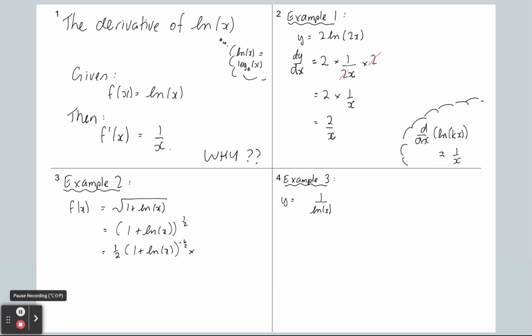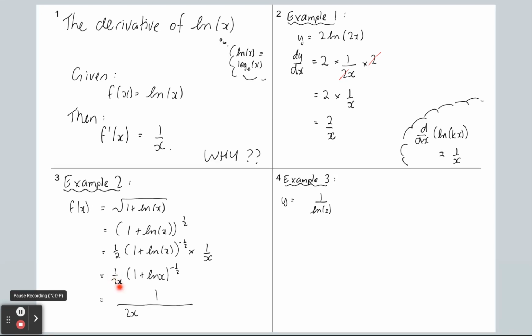The derivative of 1 plus ln x is, well, the 1 disappears, ln x becomes 1 on x, and so it becomes 1 on x here. Now I'm going to take the half here and multiply it by the 1 on x here, and I'm going to get 1 on 2x multiplied by 1 plus ln x to the negative a half. And I'm just going to go hell-bent for leather now. 1 on 2x, that's the denominator here.